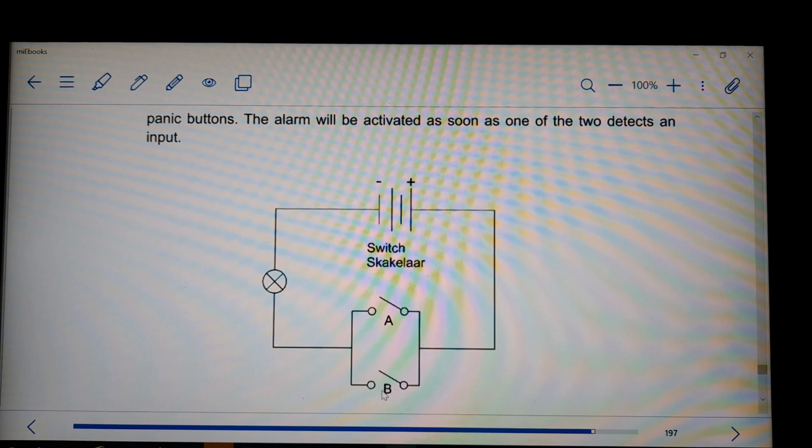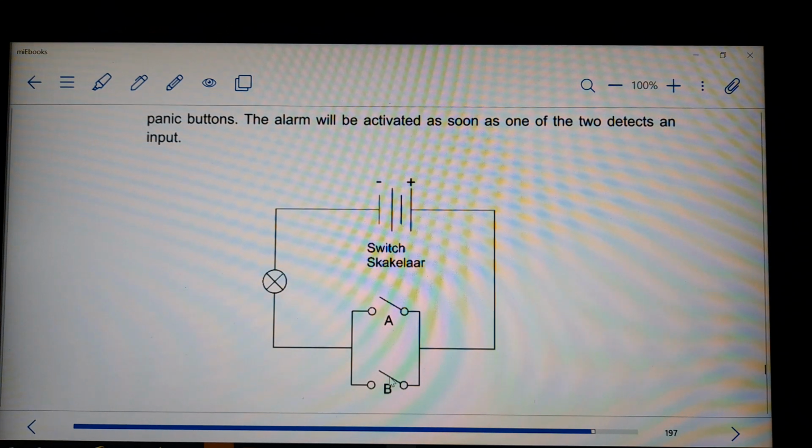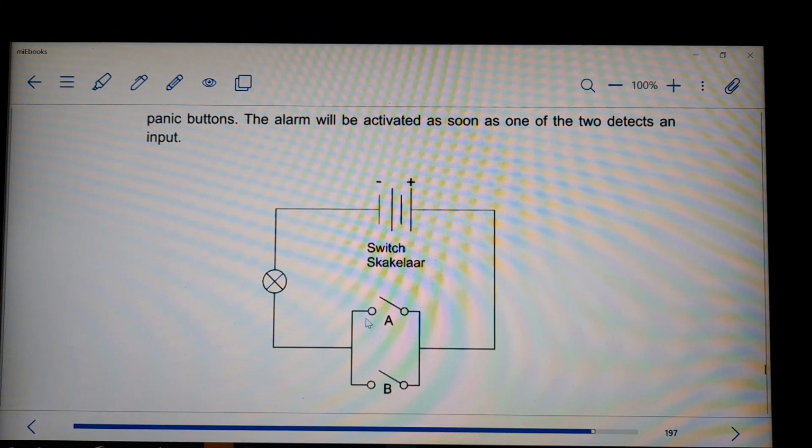So the switches connected in parallel have two paths. If this one is closed, the current can flow because the current will use this path, even if this one is open. If this one is closed and this one is open, the current will use this second path to flow. And if both of them are closed, the current will flow in both paths.